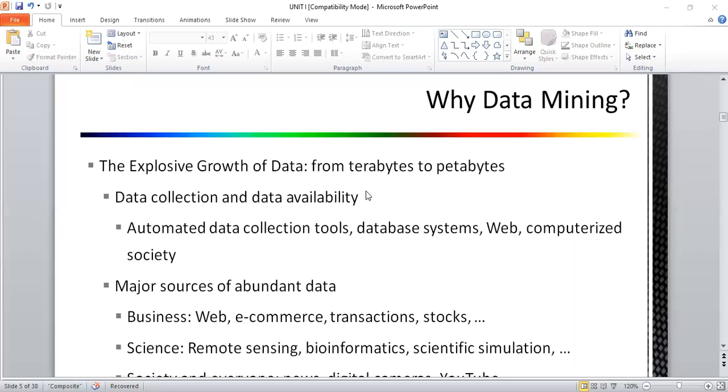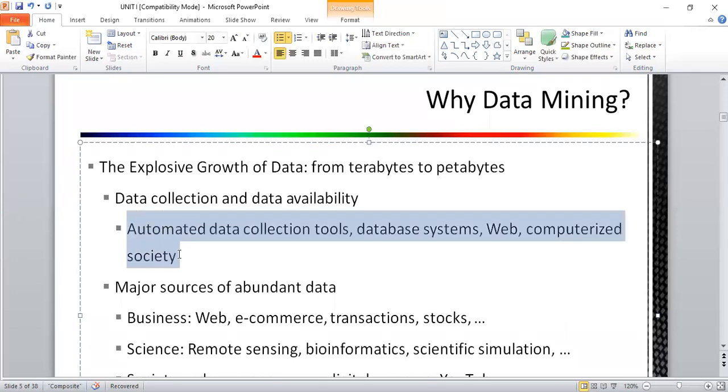Now, from where is this data coming up? Because of some automated data collection tools, database systems. We are basically a computerized society. Our complete life is now running around internet. Everything we Google, everything we are working upon, we visit social media websites, e-commerce websites, we are the generators of data also.